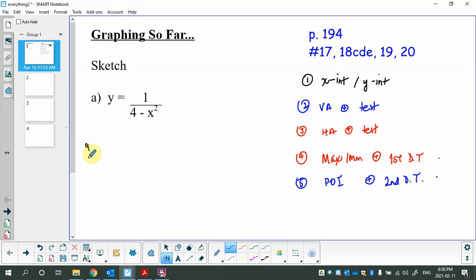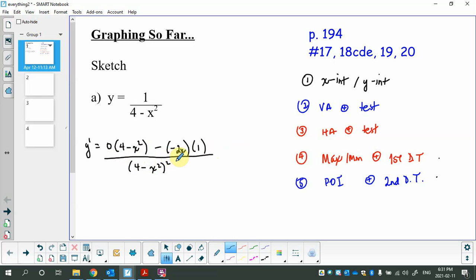So a reminder of the quotient rule. Derivative of the top, nice and easy, multiplied by the bottom, minus, for the quotient rule, the derivative of the bottom, which is 0 minus 2x, times the top, over the bottom squared.